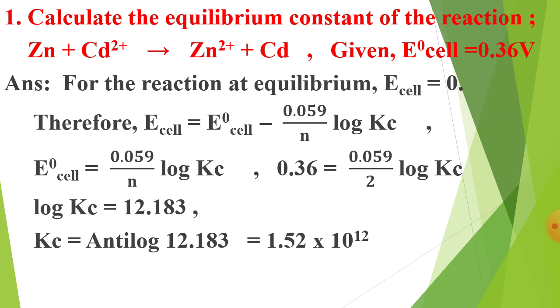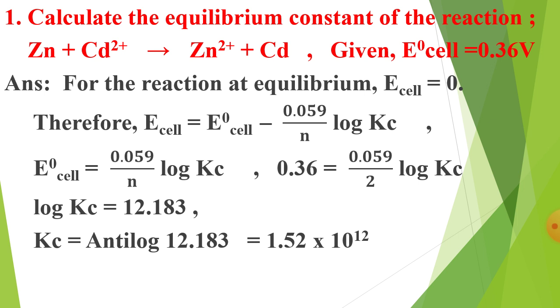Using the Nernst equation for the reaction at equilibrium, E cell equals 0. Therefore E cell equals E naught cell minus 0.059 divided by n log Kc. 0.059 came from the calculation of 2.303 RT by F. n is the number of electrons used in the reaction. Look at the reaction: Zn loses 2 electrons and Cd2+ gains 2 electrons. So the value of n is 2 here.